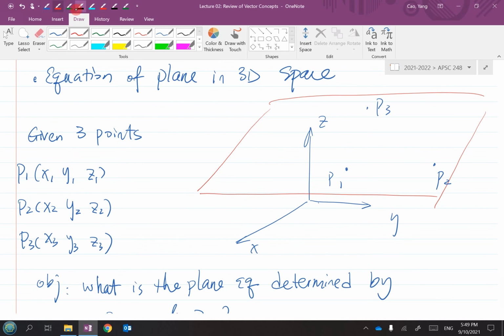And then to facilitate our derivation, I'm going to construct 2 vectors from P1 to P2, and then from P1 to P3. I'm going to label the first vector B, and label this vector C.